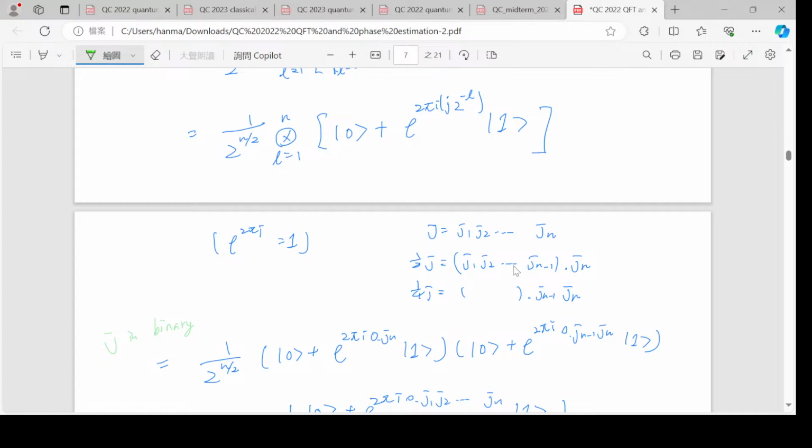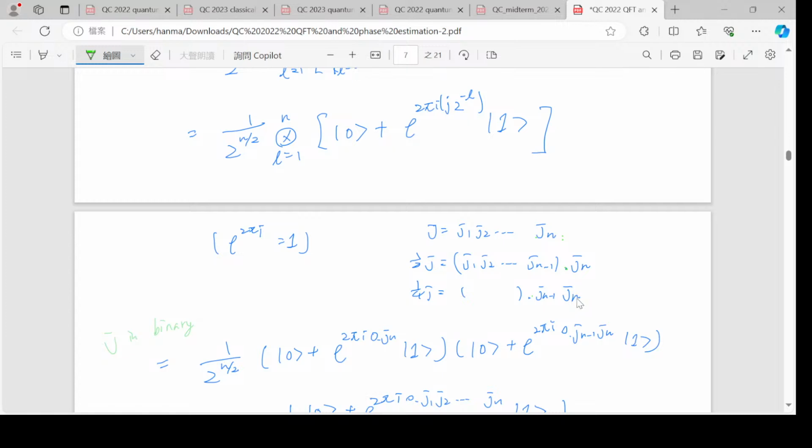So instead of j1 to jn, you have j1 to jn minus 1 dot jn. If you divide by 4, then you move this point 1 more, etc. That's what j times 2 to the minus L should look like in terms of the binary string of j: j1 to j something, point, then all the way to jn.